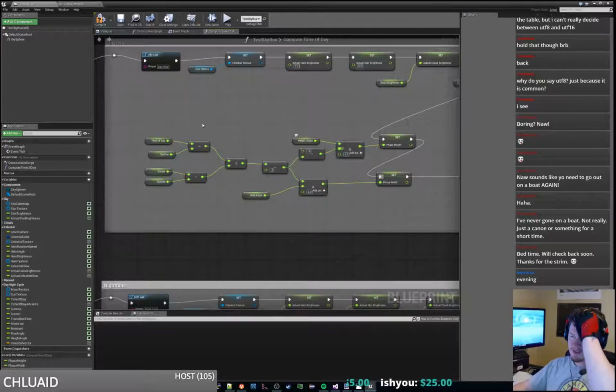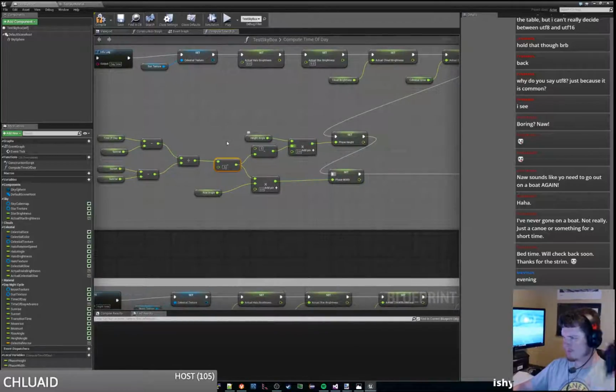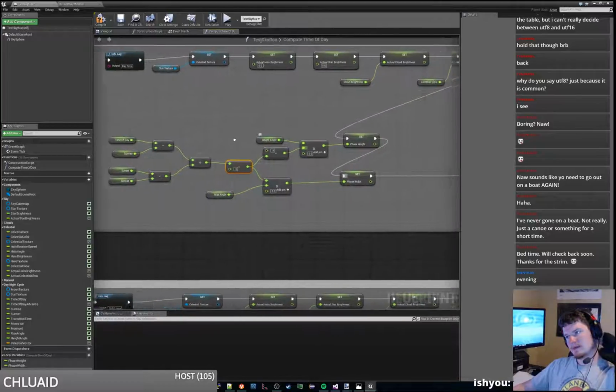Alright, so time of day minus sunrise. And then we have sunset minus sunrise. So if we divide those and subtract 0.5, we can't put a breakpoint on any of this.